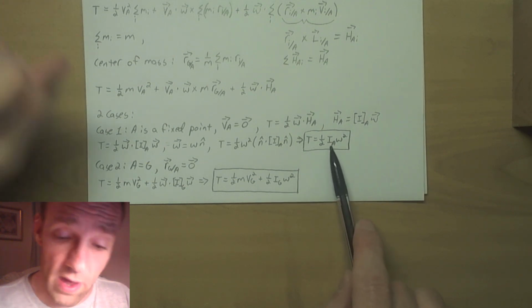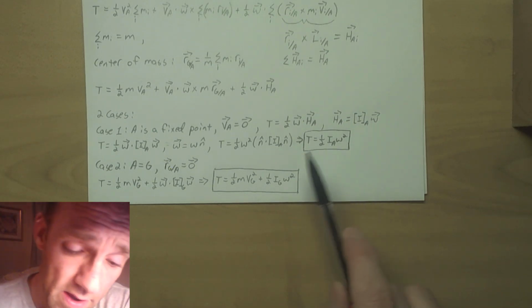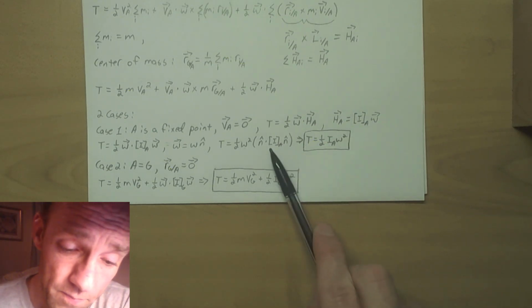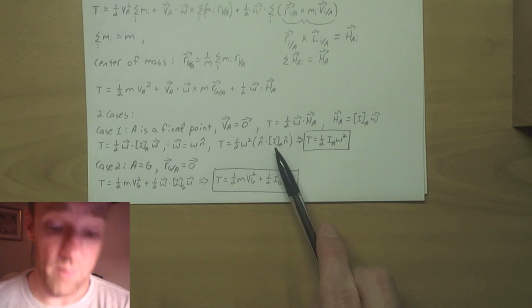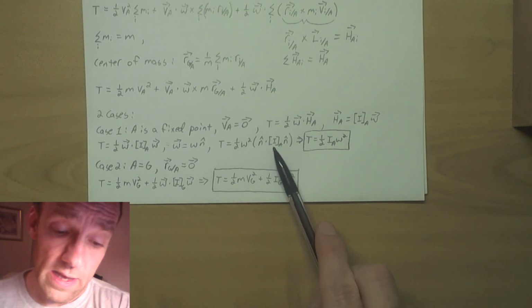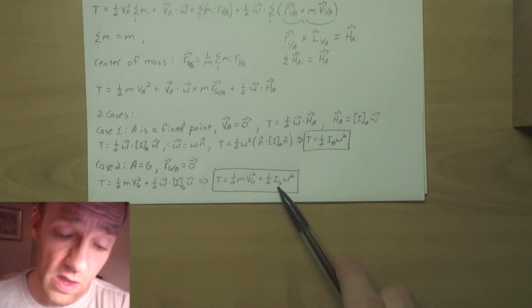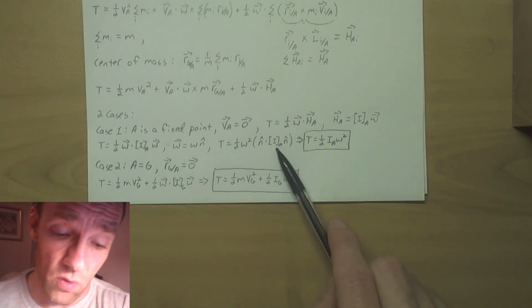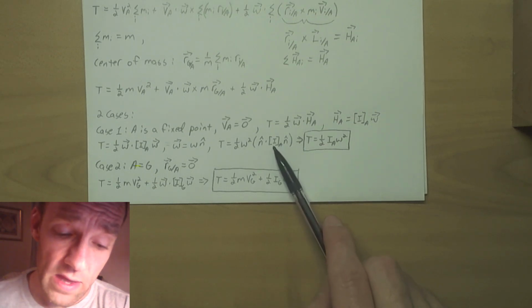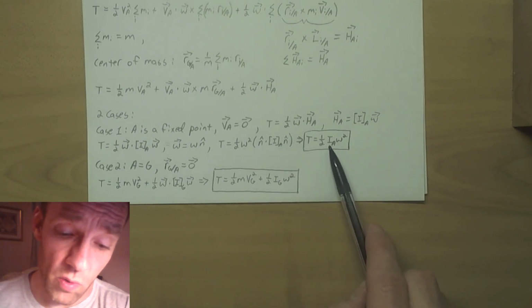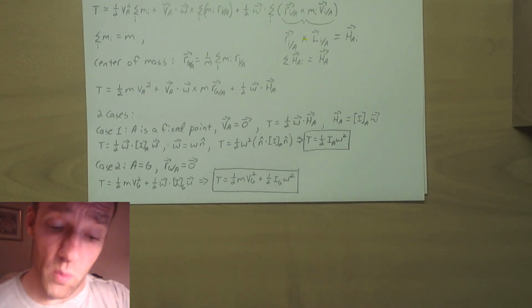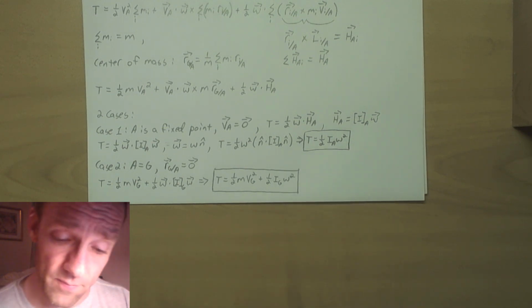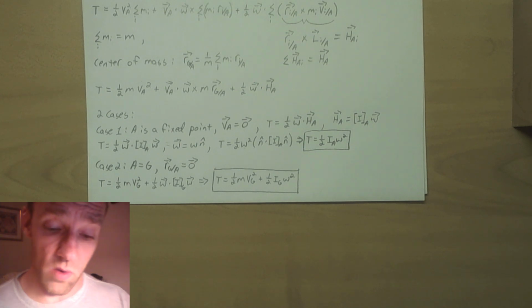But remember that a lot of times the moments of inertia are given to you in reference to the center of mass. So we're going to have to use the parallel axis theorem to translate the moment of inertia to the stationary point. That'll be clear when we start doing examples.